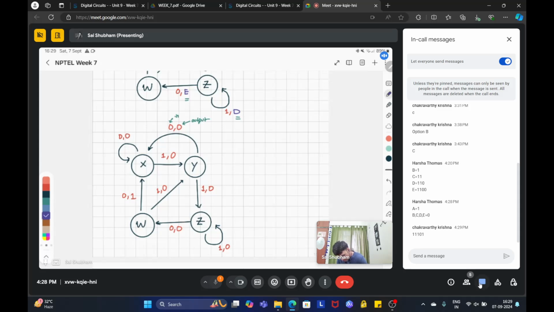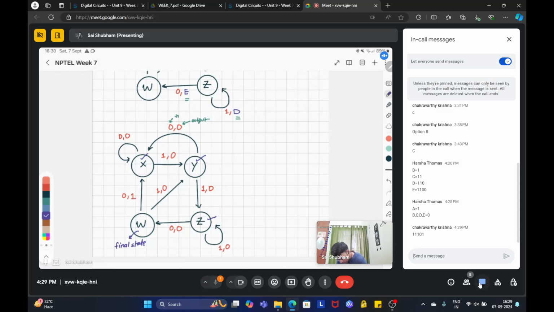The easy trick is that this will be the final state. The reason is that as you go towards the final state, it has fewer arrows, and the previous states will have more arrows pointing to them. So these will be the initial states and this is the final state.